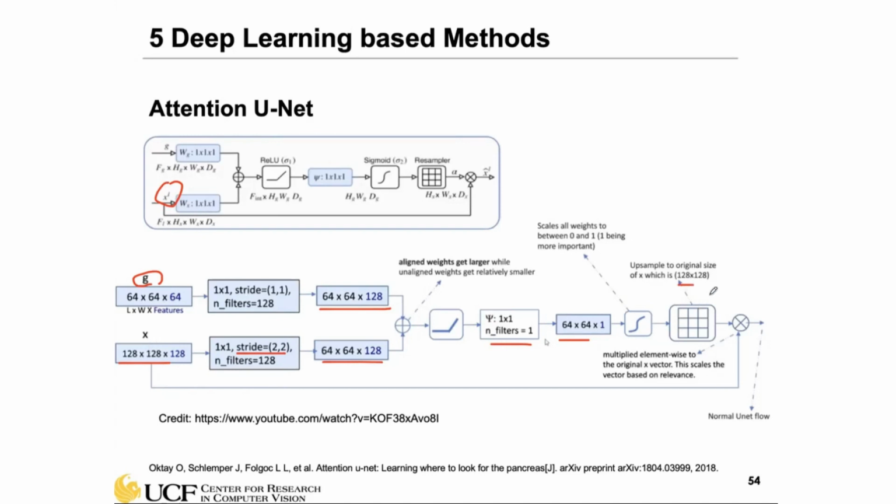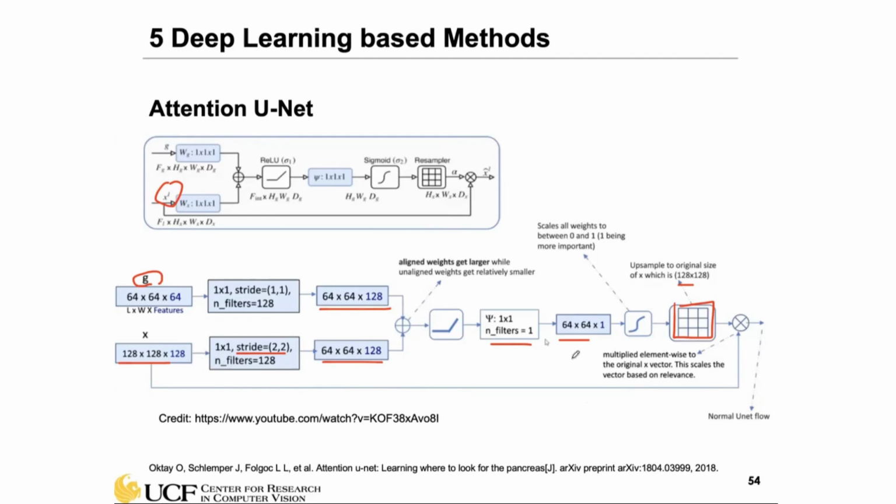So this matrix here, 128 by 128, contains the attention weights. We multiply these attention weights with the original feature map. So we know that for regions with larger attention weights, we pay more attention to them, and if we have smaller attention weights, then we pay less attention to those pixels or parts.